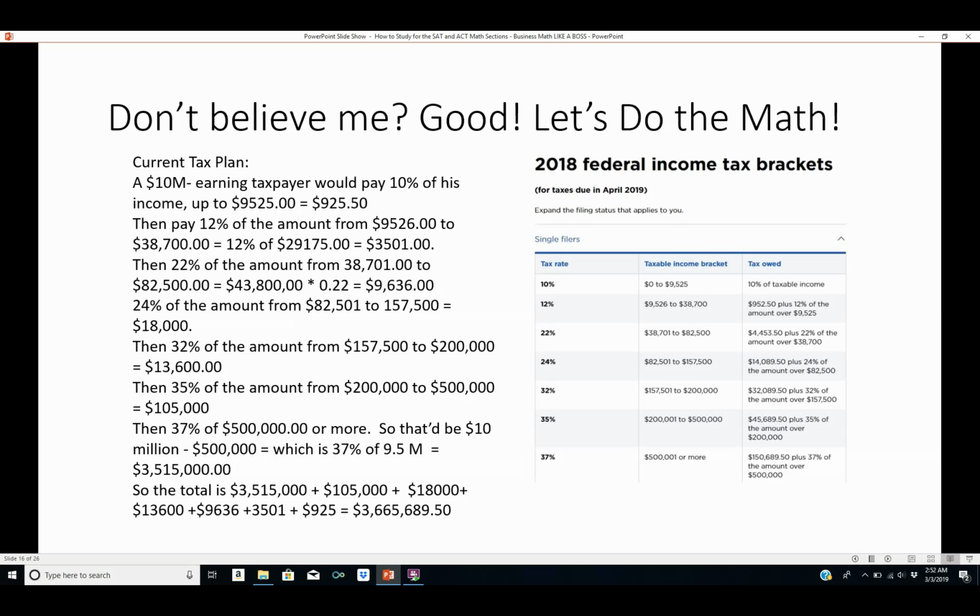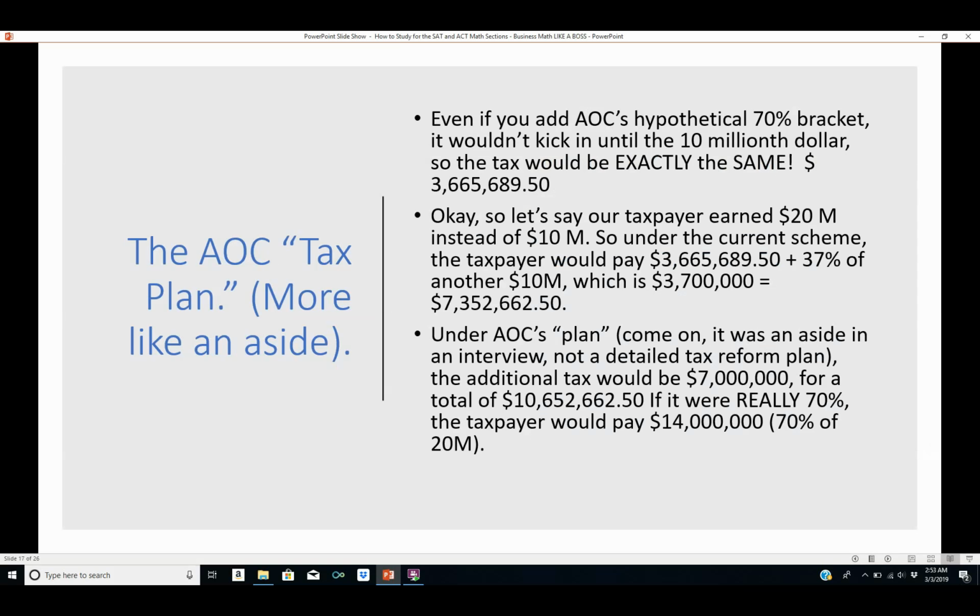So you would only pay 70% even under the AOC tax plan once you earned more than $10 million, and you'd only pay it on that amount. The reason I put it in quotes is it's more like an aside in an interview. So even if you added her hypothetical 70% tax bracket, it wouldn't kick in until the $10 millionth dollar, so the tax would be exactly the same.